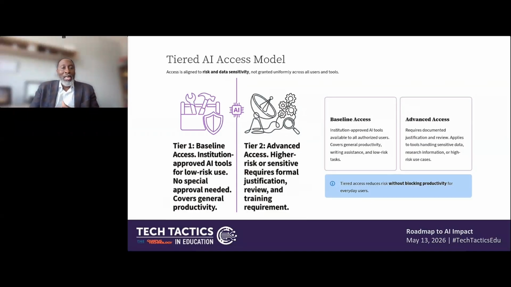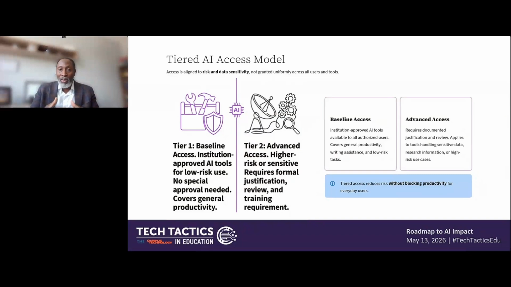Here at Columbia International, we allow people to use Copilot. It's what we put in our tier 1 baseline access. It's a part of the O365 tenant. Everyone has access. There's not an additional cost outside of 365. And it's low risk because the data will reside in our tenant.